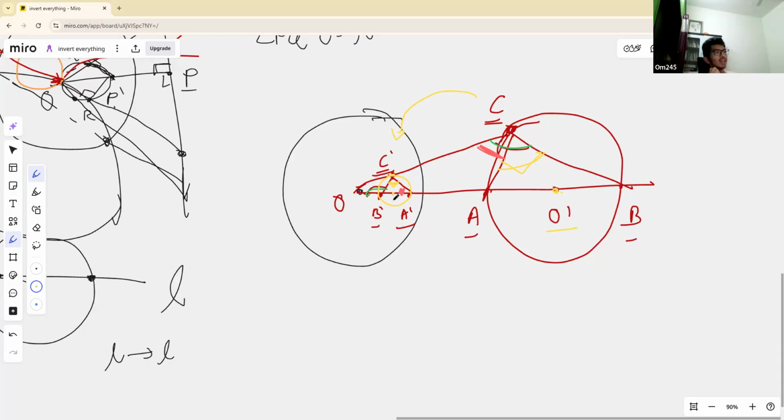That's because the condition of inversion is an inverse proportion, like AO times AO dash is equal to R square. Now we're considering the midpoint of A and B as O dash, but it does not necessarily mean it should map to the midpoint of A dash B dash. Later on you can see this by some angle chase.